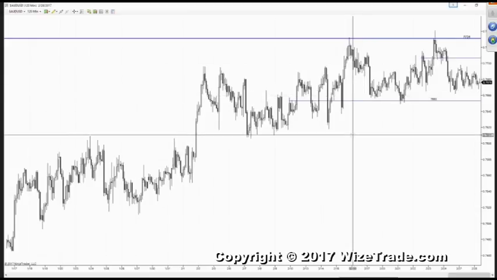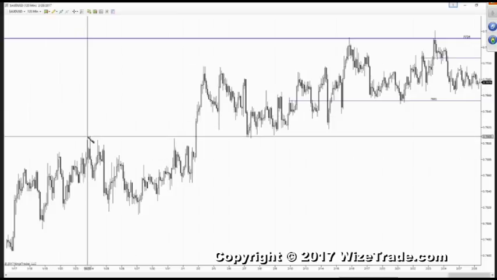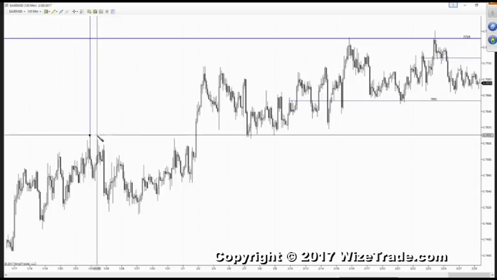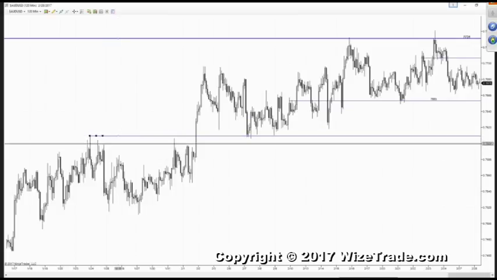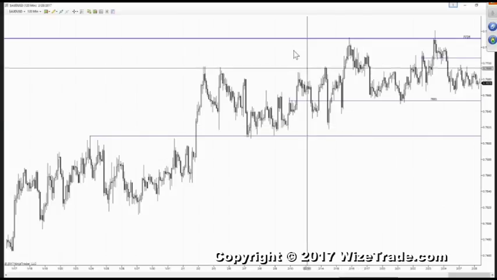Support, if we break low, I'm going to put it right there, 76.11. It's coinciding with these touches here, so that's 76.09.